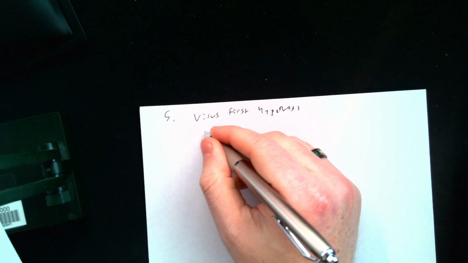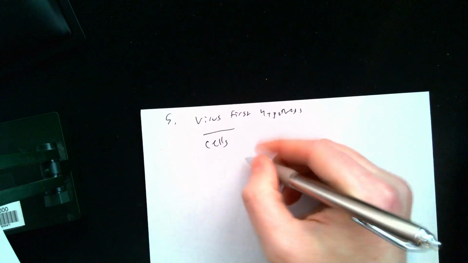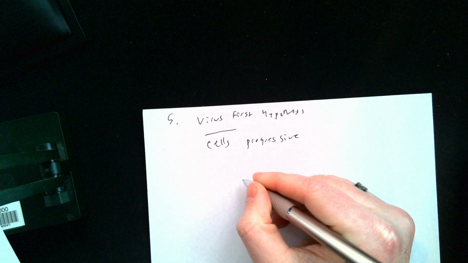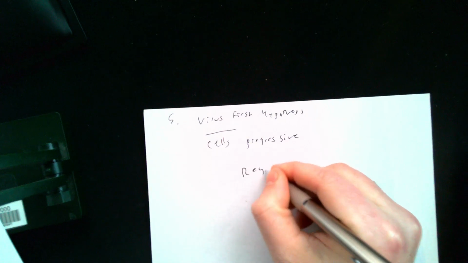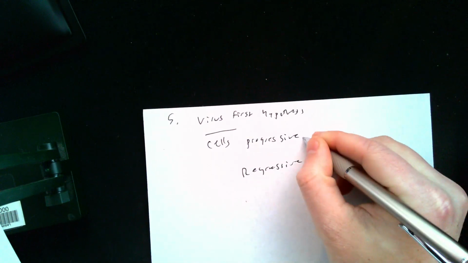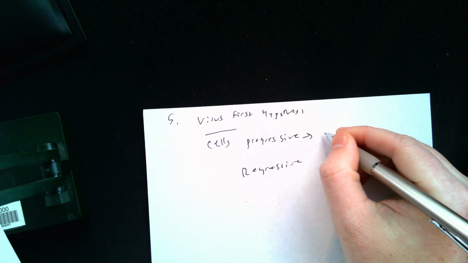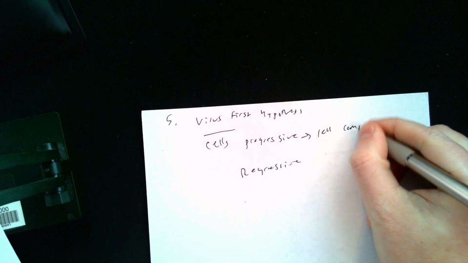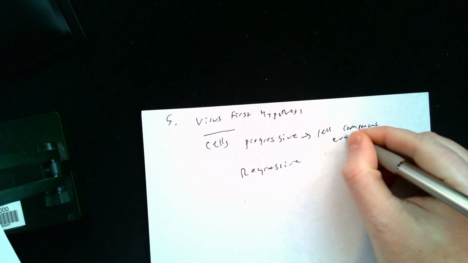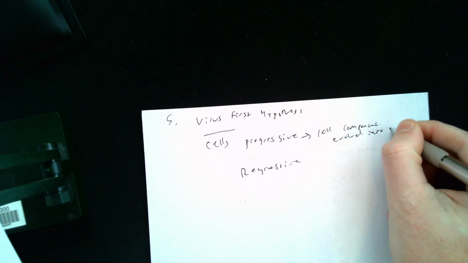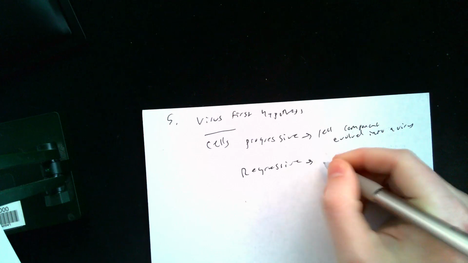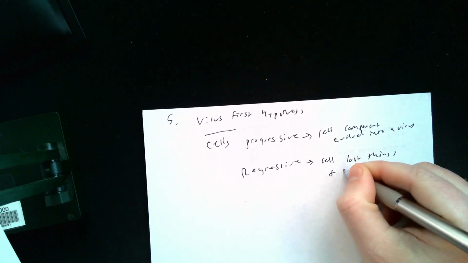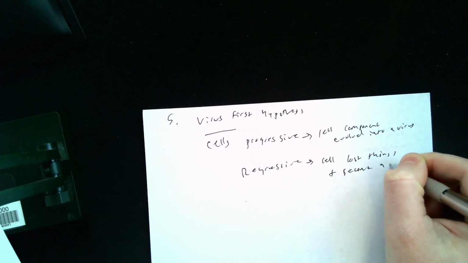The second one is that it evolved from cells, and then there's the progressive or regressive hypothesis. The progressive cell hypothesis says that a cell component evolved into a virus, whereas the regressive one says a cell lost things and became a virus.